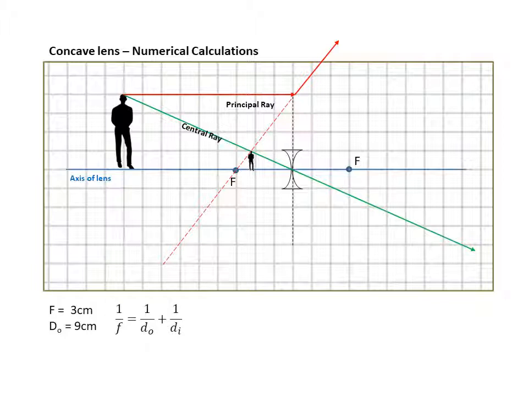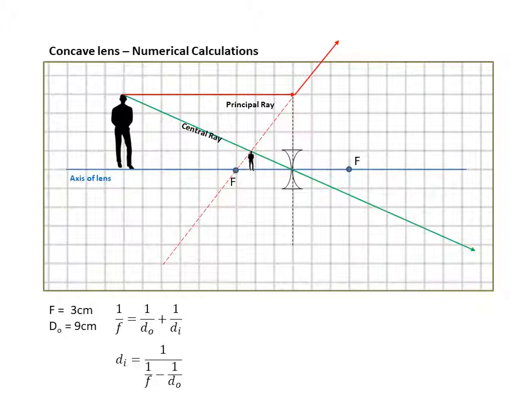We use the same equation that we had for mirrors. If I do, I die, we can use to remember. The reciprocal of the focal length is equal to the reciprocal of the object distance plus the reciprocal of the image distance.